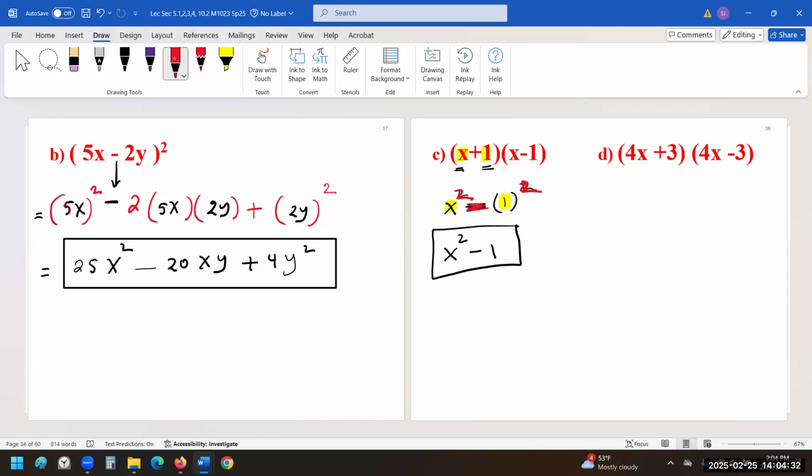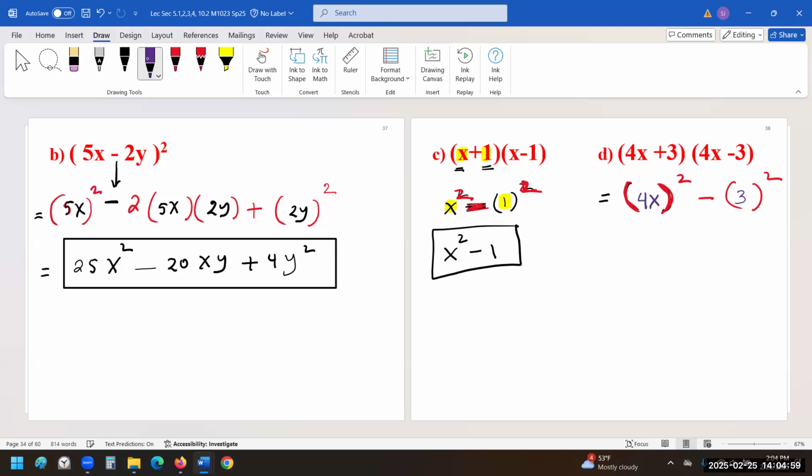So you see how we did things differently for B, you could do that for B. If you apply this rule, it's something squared minus something squared, because you have the exact same two things, 4x plus 3, 4x minus 3. So what goes inside the first square? 4x.